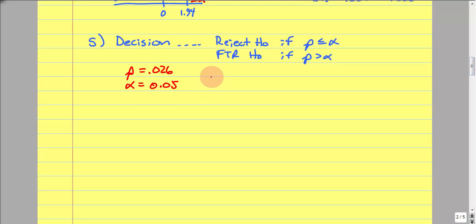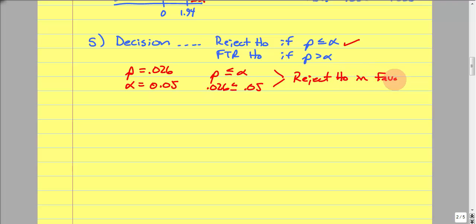So what we have then is P is less than or equal to alpha because 0.026 is less than or equal to 0.05. So our decision would be to reject H0 in favor of HA. So that's our decision. And we would say this because my p-value is less than or equal to alpha.